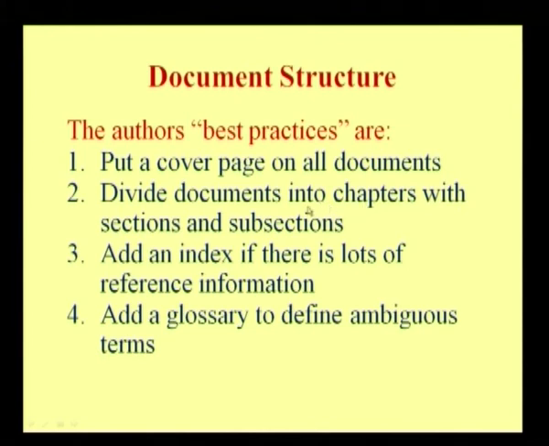Divide the documents into chapters with sections and subsections, which are to be mentioned in the form of a table of contents. Add an index if there is a lot of reference information. Add a glossary to define ambiguous words.